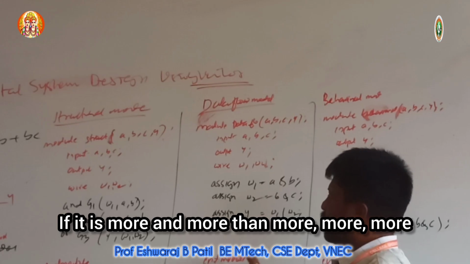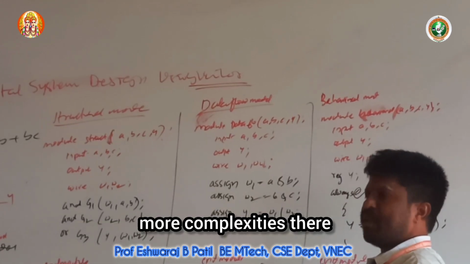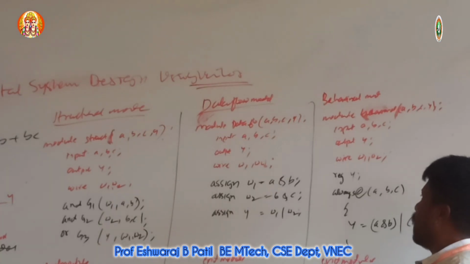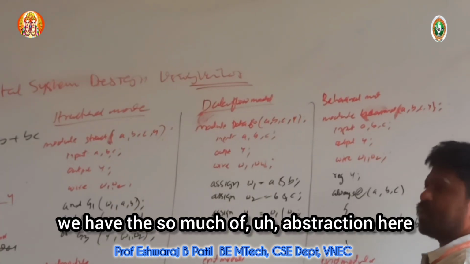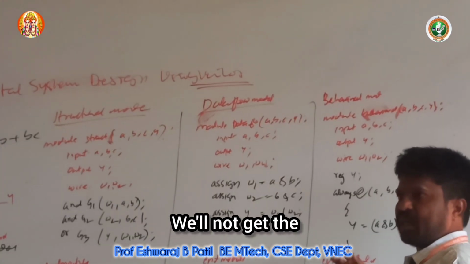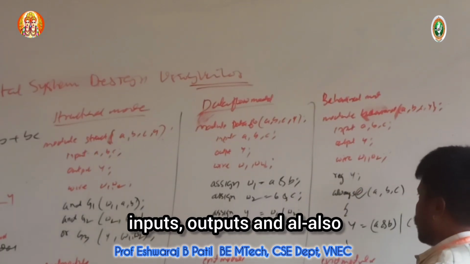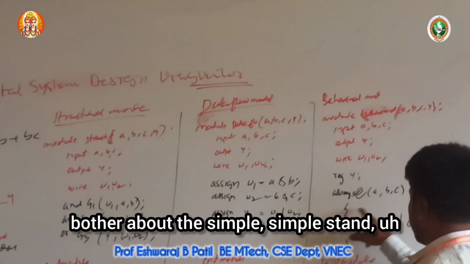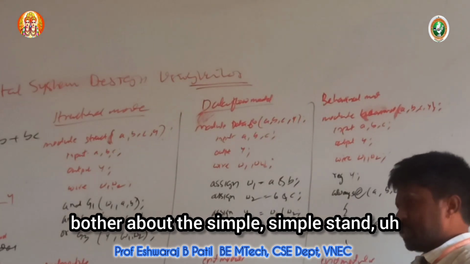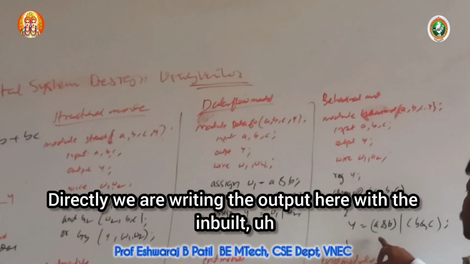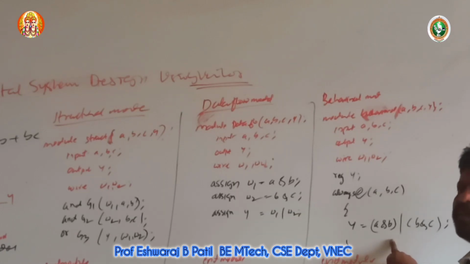If there is even more complexity, then I'll go with the behavioral model, because in the behavioral model there is so much abstraction. We are not defining any inputs and outputs, and we are not bothered about the simple step by step. We will not write directly. We are writing the output here with the inbuilt interconnection and all.